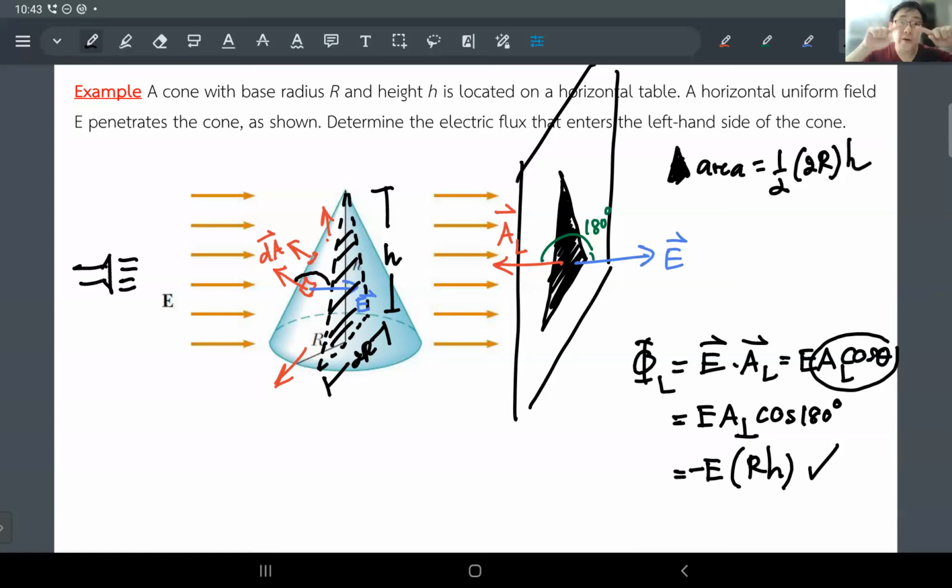Instead of going crazy about the angle of the area surface of my face, you just think about the light going through my face and you have a screen behind me. All you need to do is look at the shadow of my head on the screen behind, calculate the area of that shadow, multiply by the electric field, and you are done. Make sense? Okay.